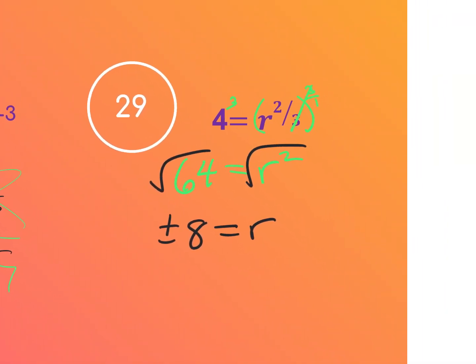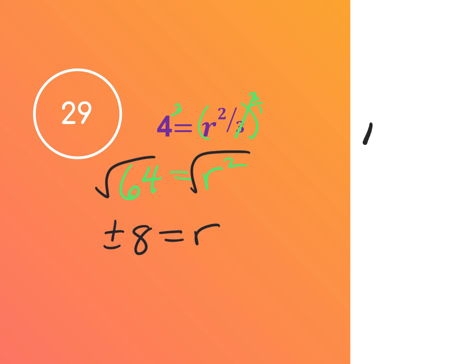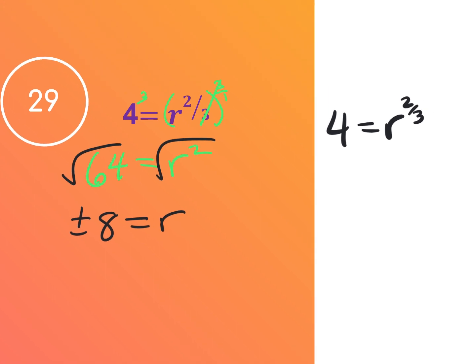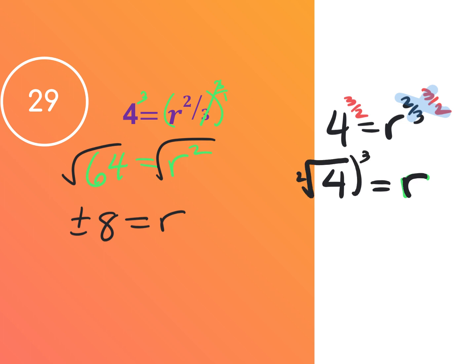Now, you could have also done this. You could have taken the original problem, raised both sides to the reciprocal power, and again, that would have simplified this. This would have become just an r. And then what you're doing here is you're doing the square root of 4 and then cubing it.